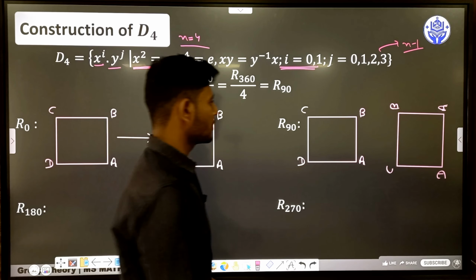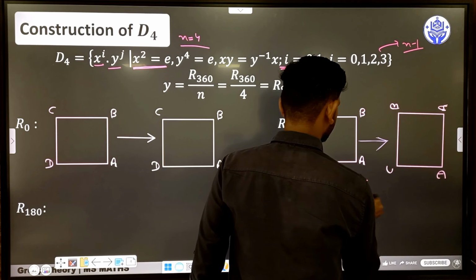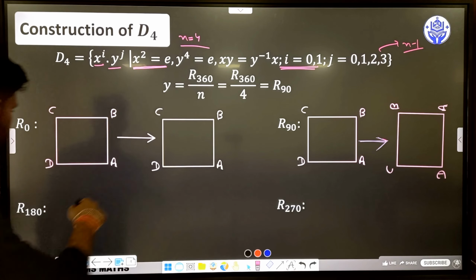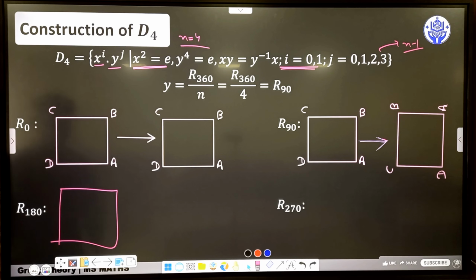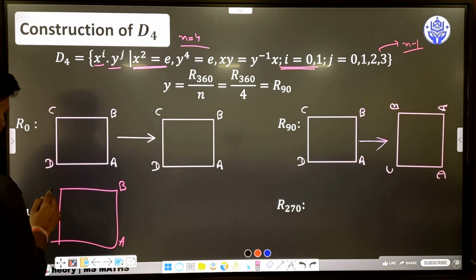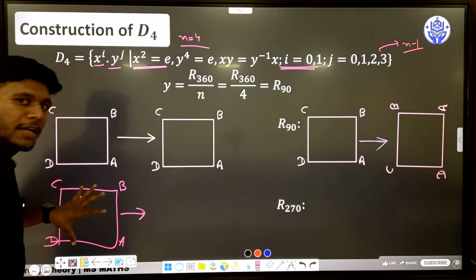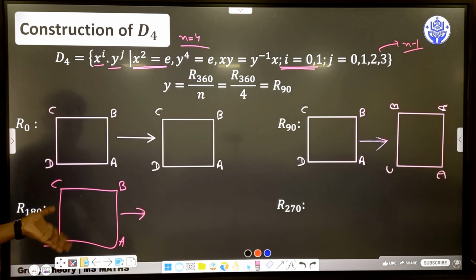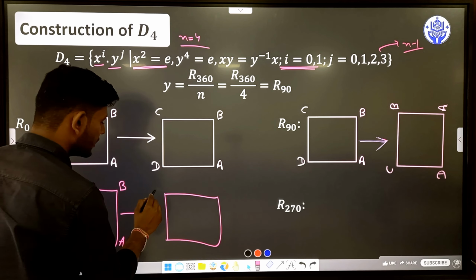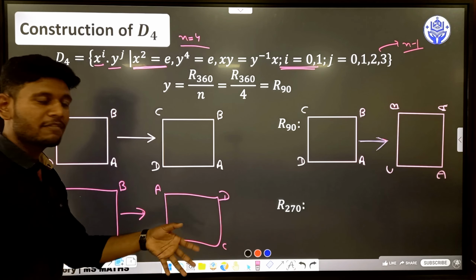Okay, so this is one of the 90 degree. This will be 90 degree here. I will just construct like this by hand. If it is A, B, C and D, then if I take 180 degree, okay, this is 90 degree, and if I take one more 90 degree, then from here it is A, B, C and D, and then 270 is what?